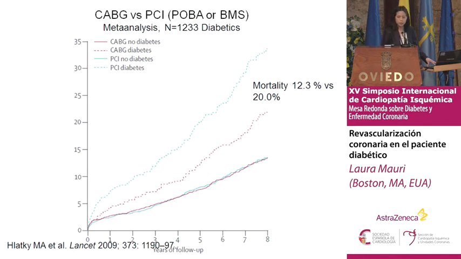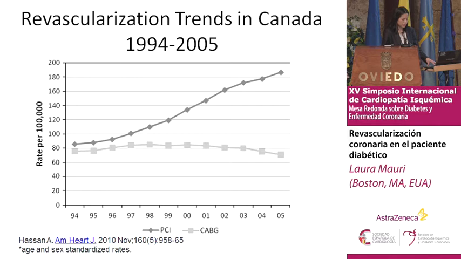The other subgroup that was identified was patients with advanced age. Now, again, these studies were all conducted around the time of BARI or earlier, and so we're still comparing angioplasty and bare metal stents to bypass surgery, so not what our current standard of care is.